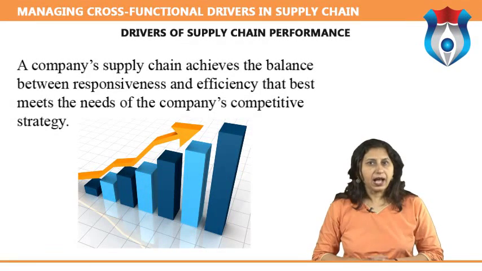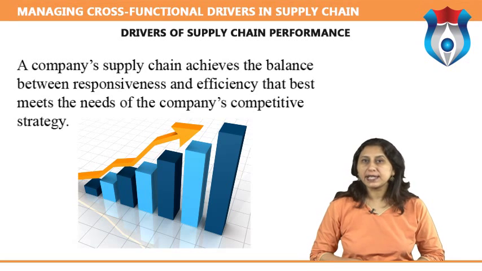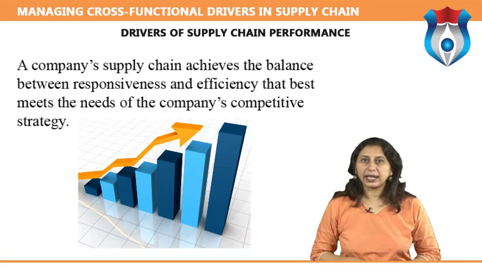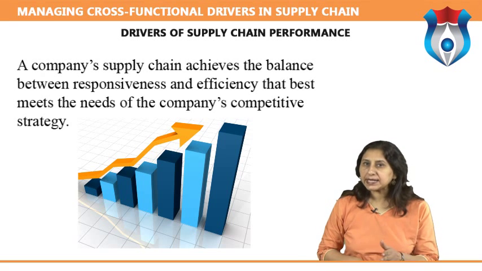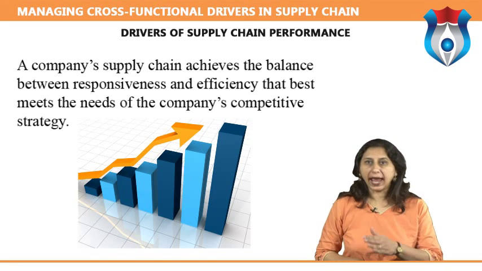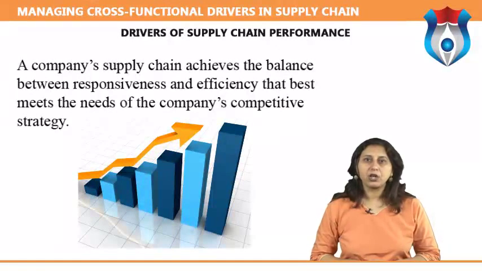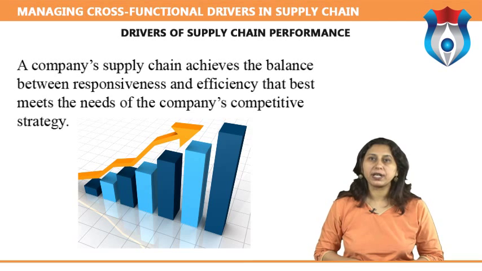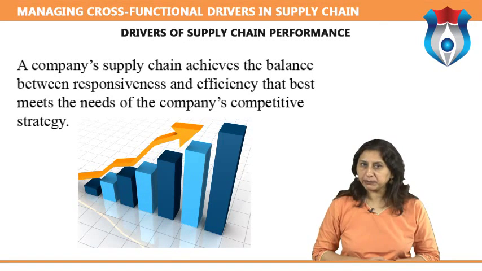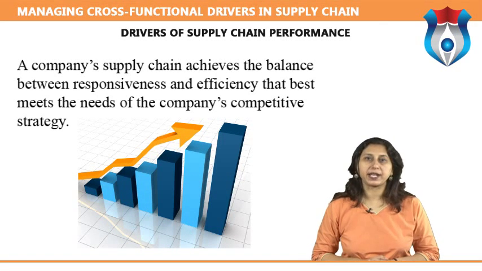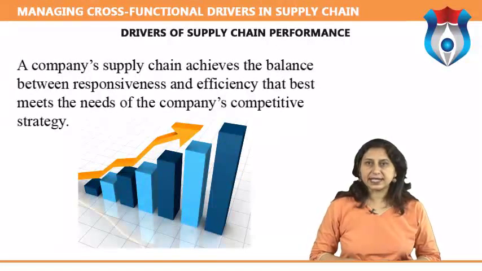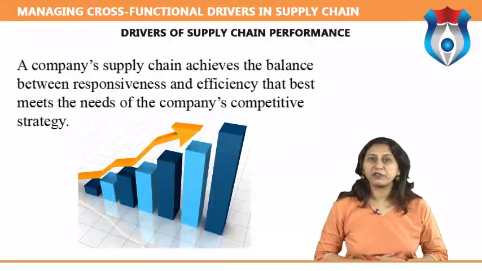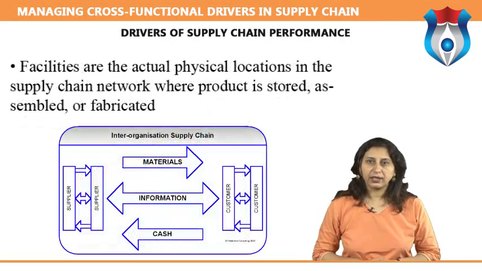To understand how a company can improve supply chain performance in terms of responsiveness and efficiency, we must examine the logistical and cross-functional drivers of supply chain performance: facilities, inventory, transportation, information, sourcing and pricing. First, we define each driver and discuss its impact on the performance of the supply chain.